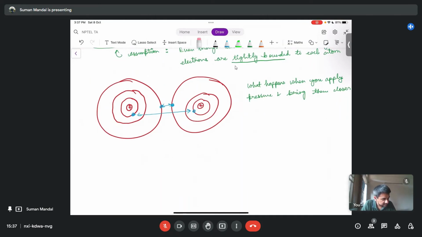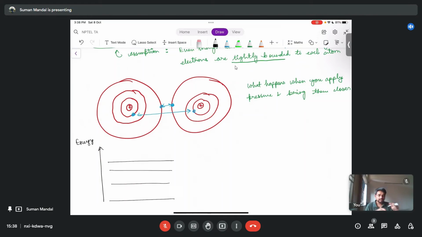Let's say initially the energy levels of both the atoms are something like this. This is the ground state, and these are the initial energy levels, n equal to 1, n equal to 2, n equal to 3, n equal to 4.